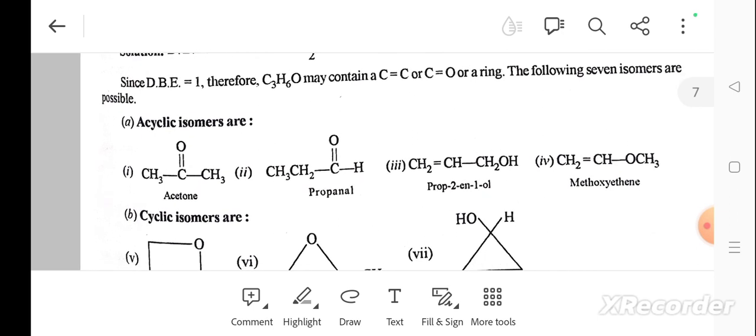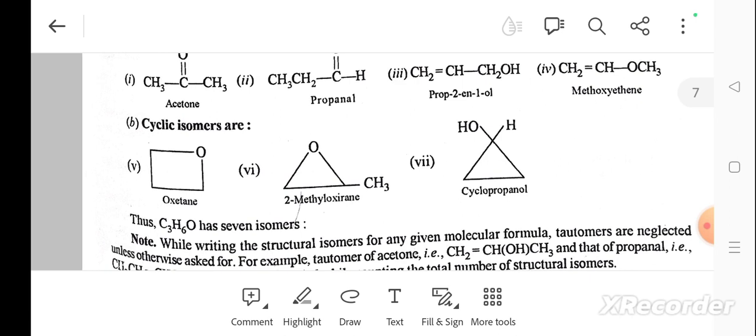Acyclic isomers are acetone, propanol, prop-2-en-1-ol, methoxyethane. Cyclic isomers are oxetane, 2-methyloxirane, cyclopropanol. Thus, C3H6O has 7 isomers.